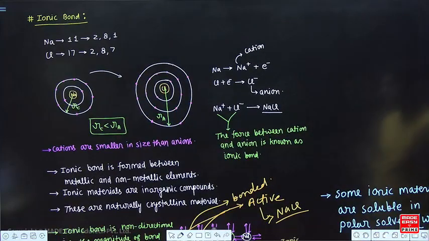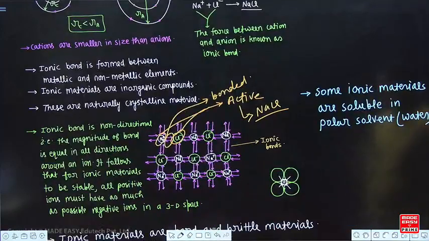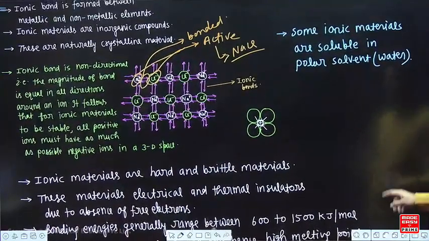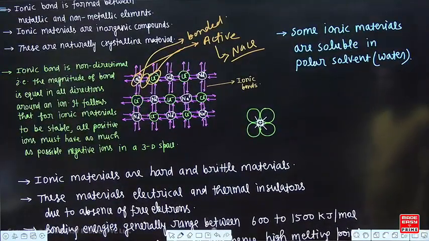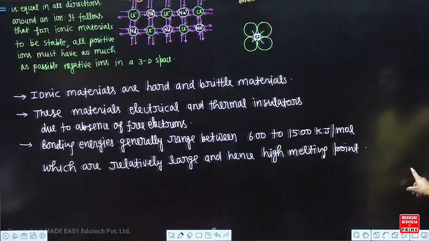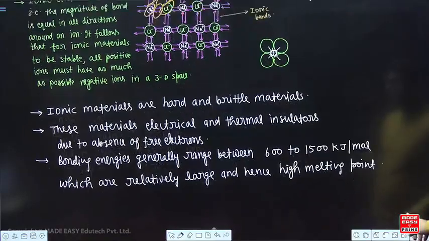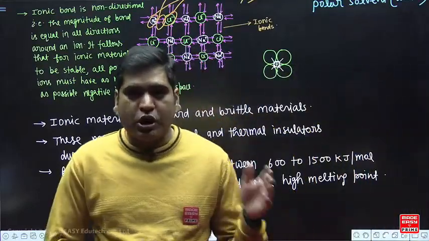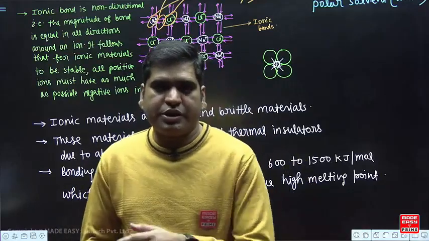We started from here, then we went here, then here, like this. So these were the three primary bonds. Strongest one ionic, then covalent, and then metallic.